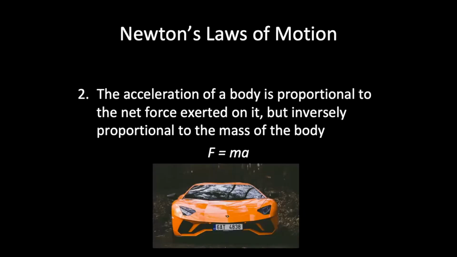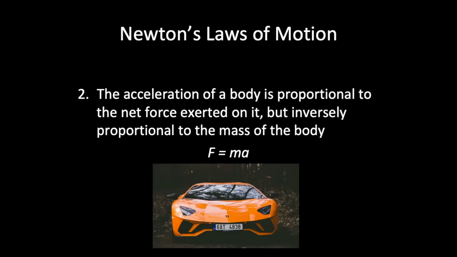Newton's second law: the acceleration of a body is proportional to the net force exerted on it, but inversely proportional to the mass of the body. Acceleration is a change in velocity, and velocity includes both magnitude, which is speed, but also direction.